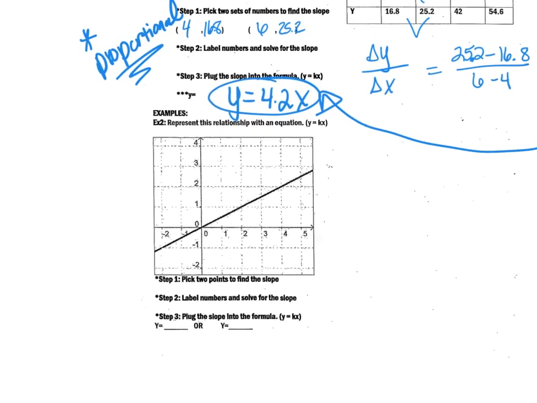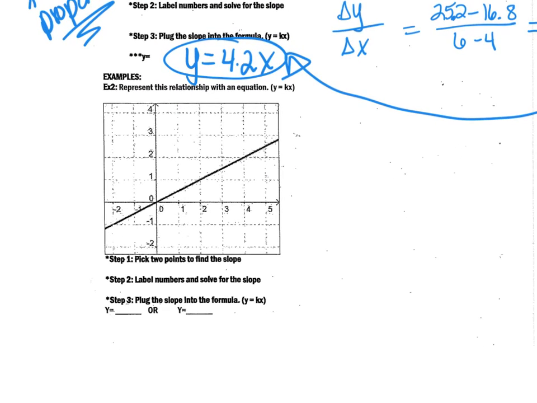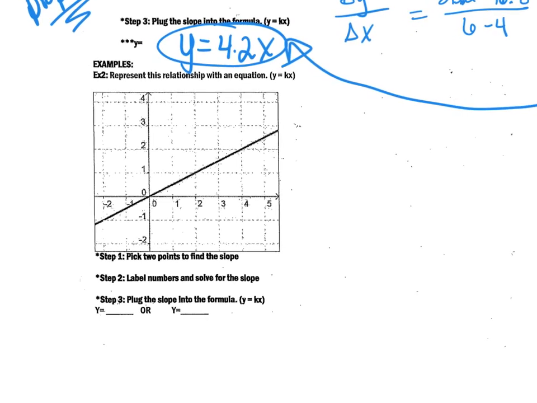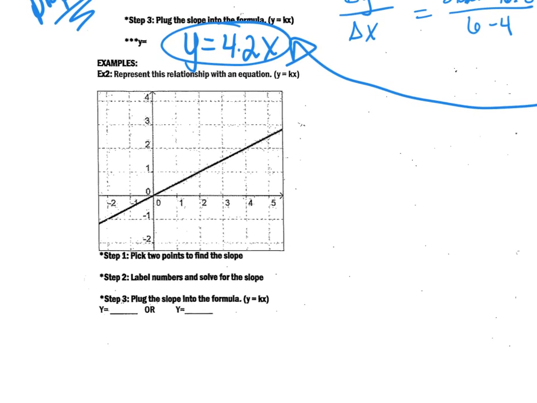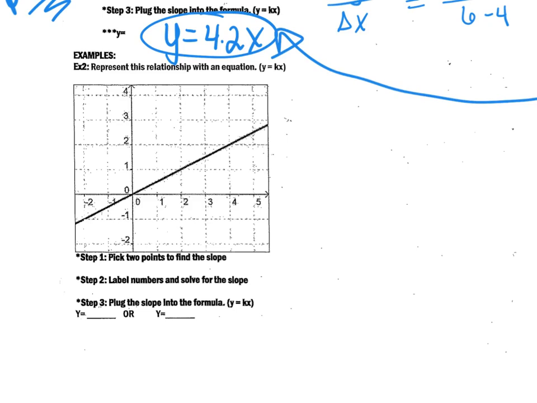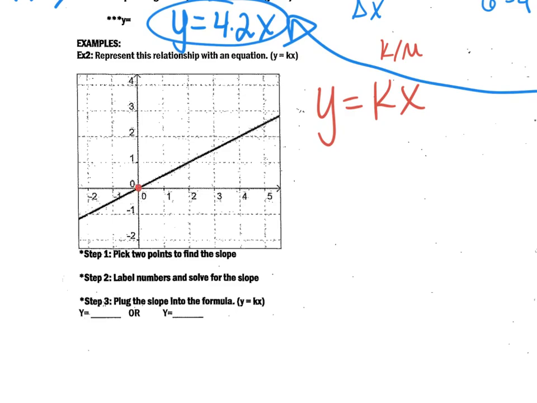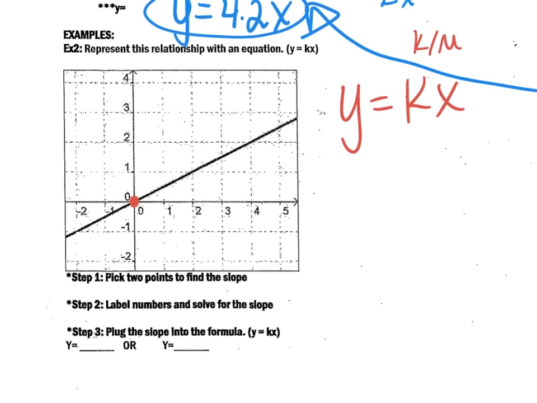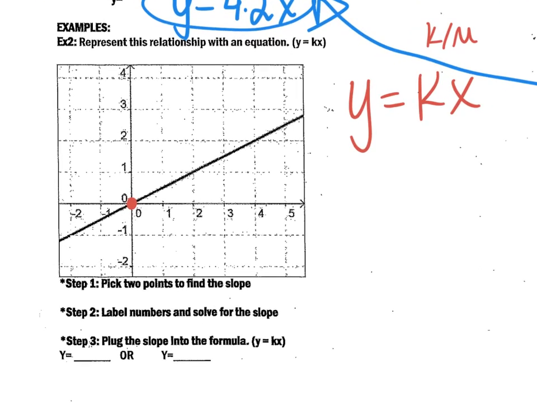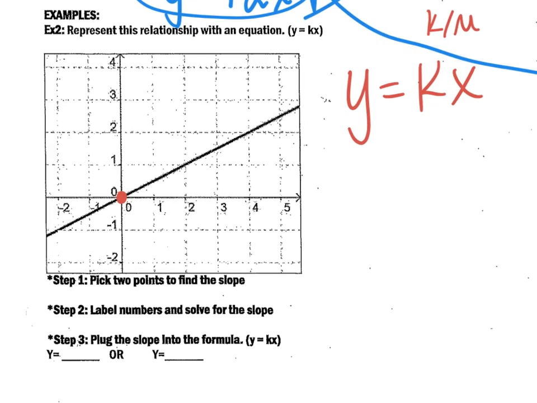Okay, the next example is a graph, but we're still doing the same thing. We want to pick 2 points, or we can use our rise over run, but we have to make points. And we want to figure out what our slope is so we can plug it in for K. Remember, K is the same as M. Okay, so I can put a point at 0, 0. And then where else can we make one more point just to find our slope? 2, 1? Yeah.